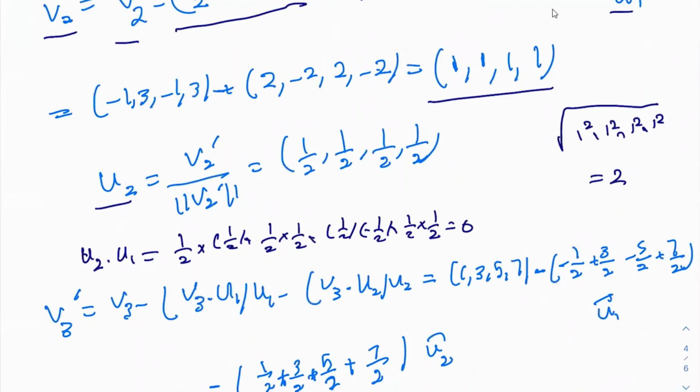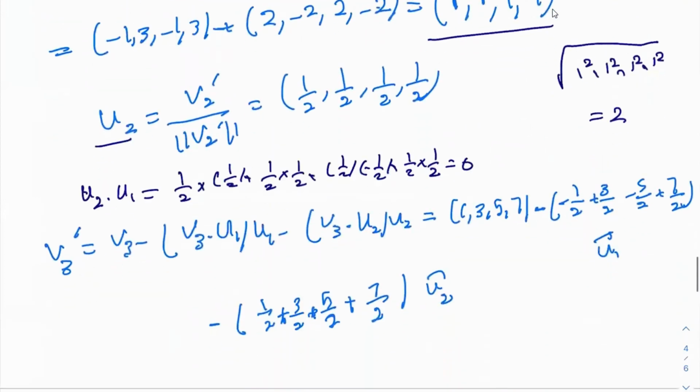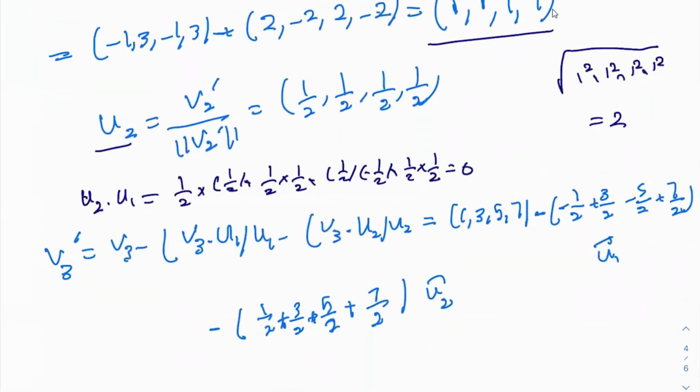Now let's pick the last vector, V3. What is my goal? My goal is to find the representation from V3 that is orthogonal to both U1 and U2 and has a unit norm. So remember, V3 prime, the unnormalized version of the vector I'm interested in, is equal to V3 minus the orthogonal projection of V3 on U1 minus the orthogonal projection of V3 on U2.